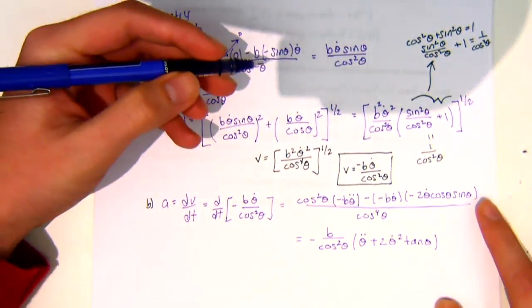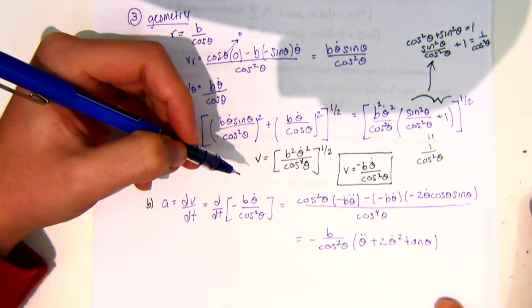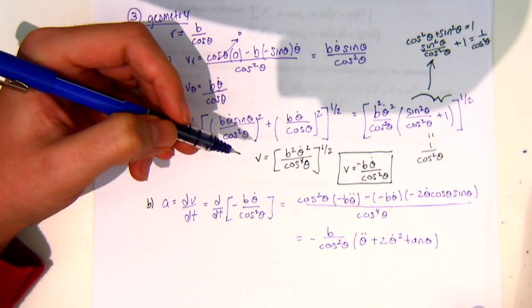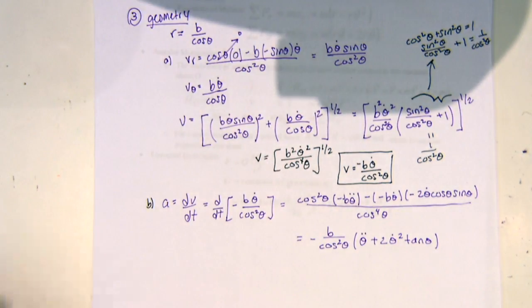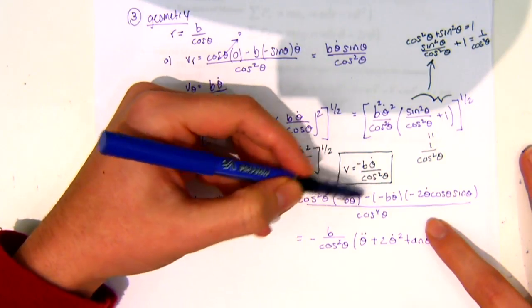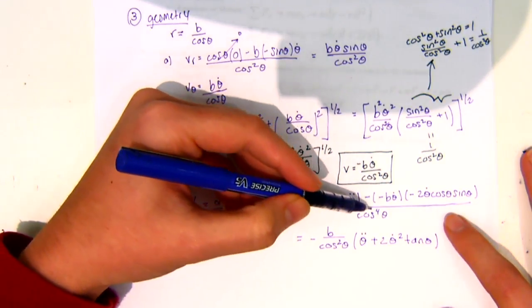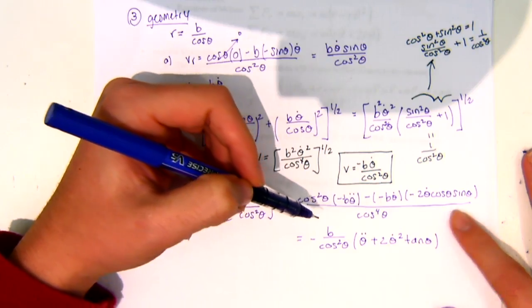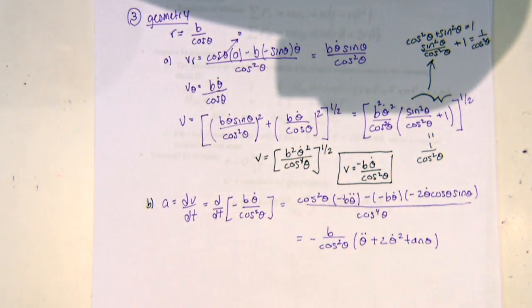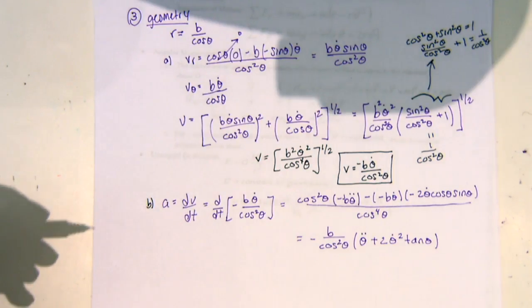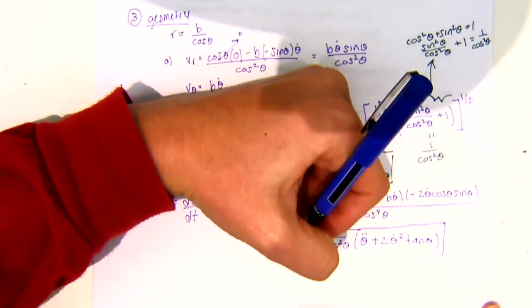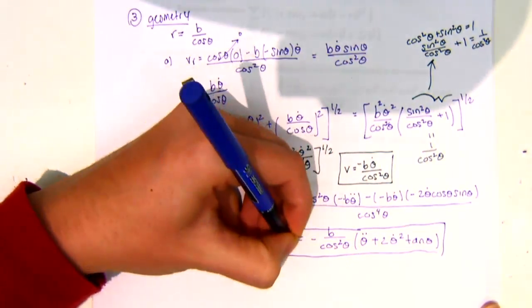So it leaves me with the sine of theta over cosine theta. Do you guys need me to show the steps with that? You guys good? If I look here, I have a cosine theta over cosine to the fourth, so that reduces. If I pull the cosine squared out, that leaves me with just one cosine. So I have sine over cosine, so I just wrote it as tangent. And so this is our final expression for acceleration.